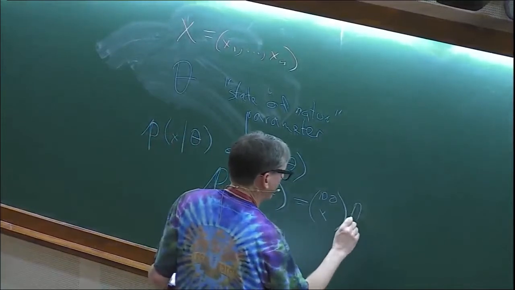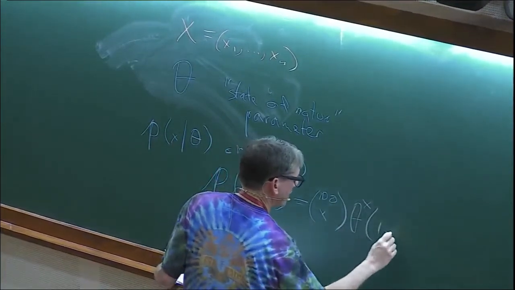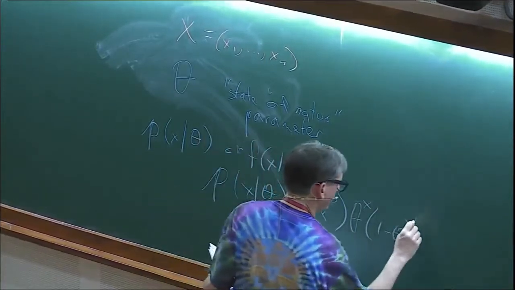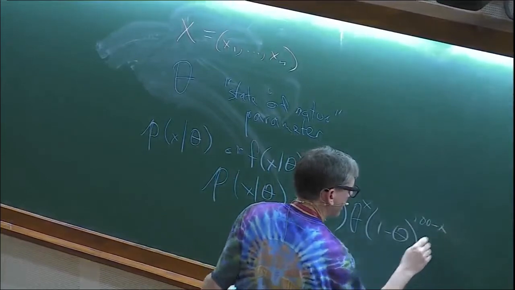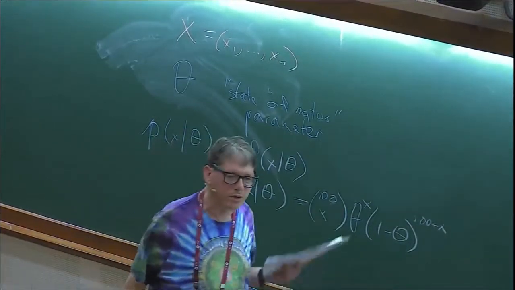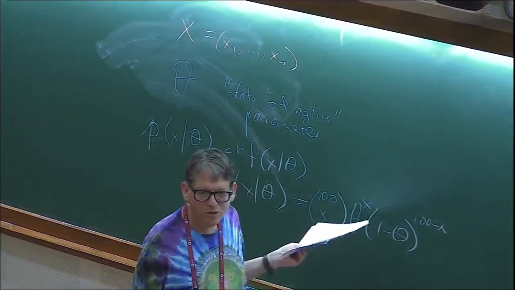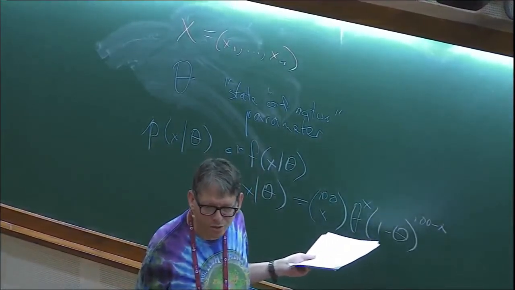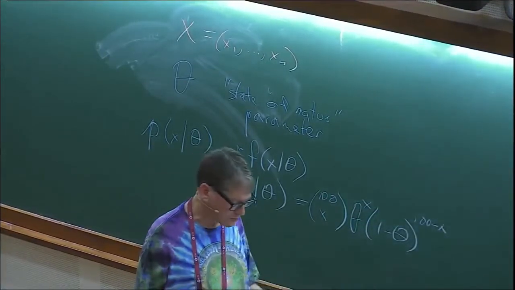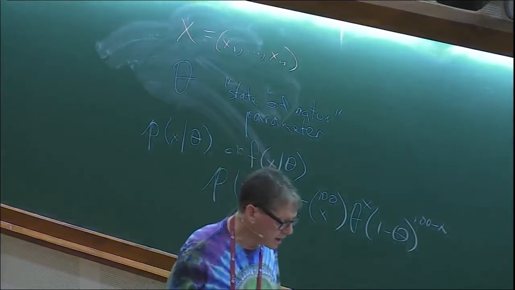And so that will be 100 choose x, theta to the x, 1 minus theta to the 100 minus x, etc. Okay? If you were doing it in other contexts, this would be normal. Okay? In fact, most frequently this distribution is normal because of the central limit theorem. You have good arguments often that the data is normal.